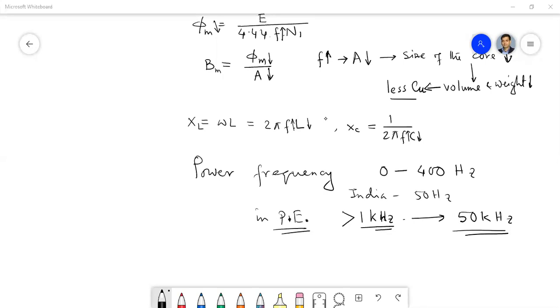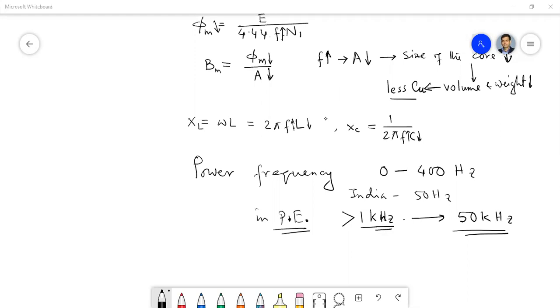Now, you see how we can get very high frequency, because the frequency of the alternator is determined by the expression f equals Pn by 120.